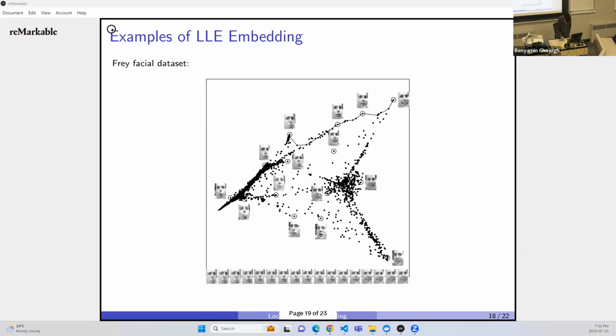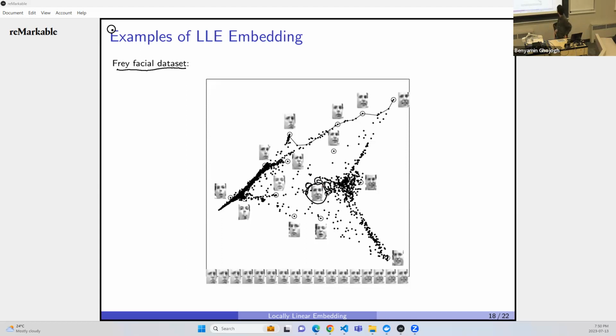Also on the Frey facial dataset. Frey facial dataset is a dataset of faces of one person who has different emotions and different facial poses or expressions on his face. If we apply LLE on this, for example, here where he is smiling, all of its neighbor points are almost smiling.